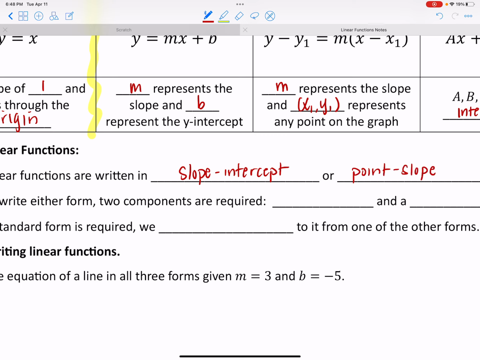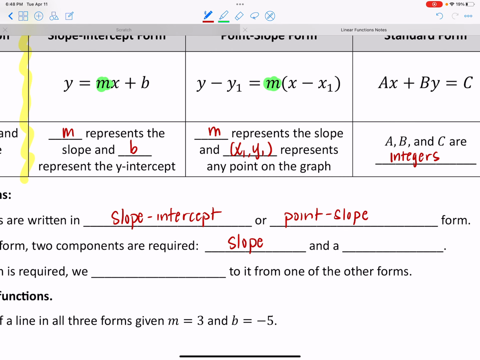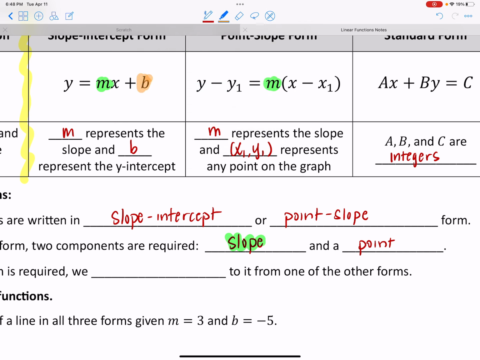And to write either one of those forms, we need two things. Obviously, both forms have m, so m is going to be a necessary component when we are writing a linear function, so we're going to have to know what the slope is, and then we're also going to have to know a point. And in the slope-intercept form, that point happens to be the point where the graph crosses the y-axis.